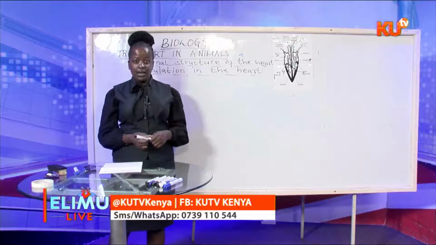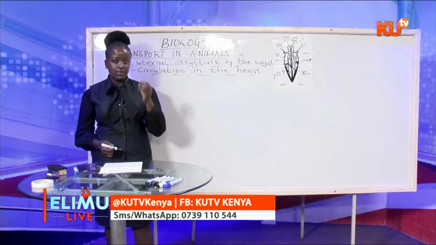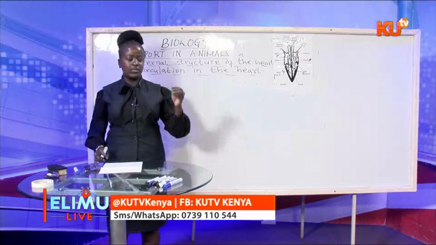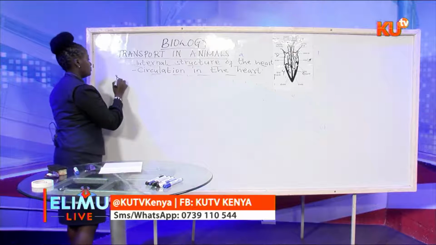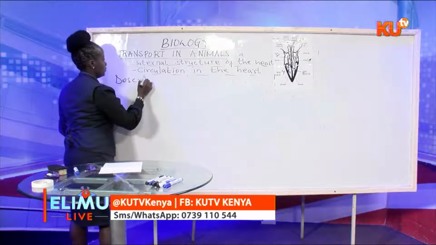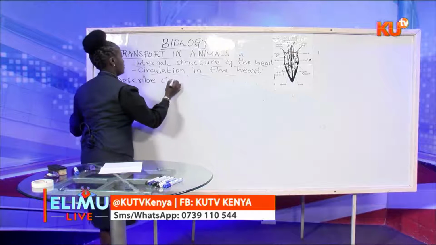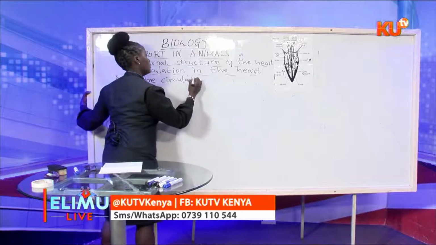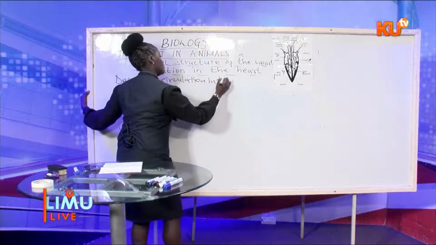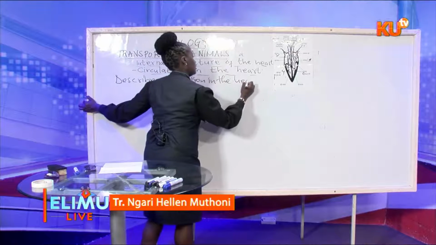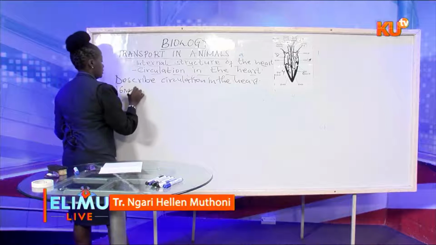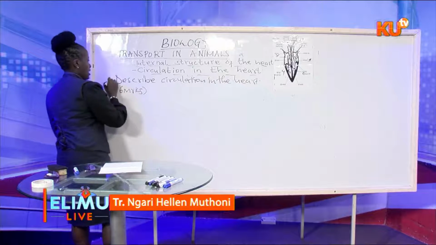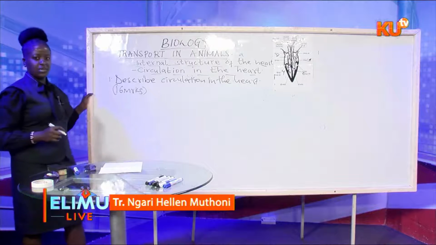For example, you can be asked, number 1, to describe circulation in the heart, for 16 marks.